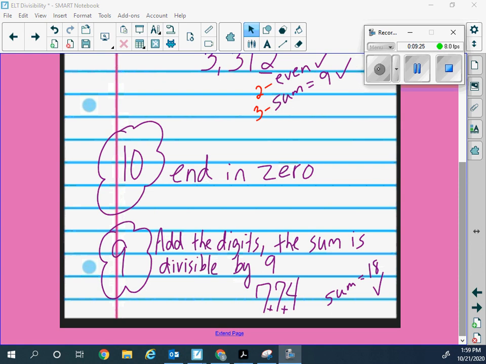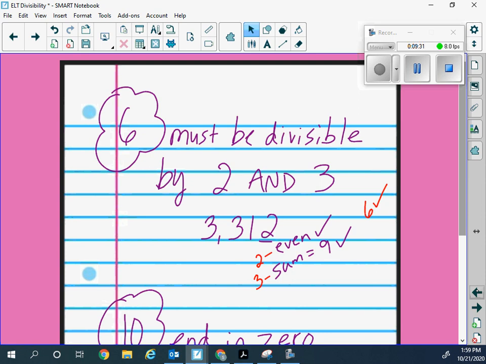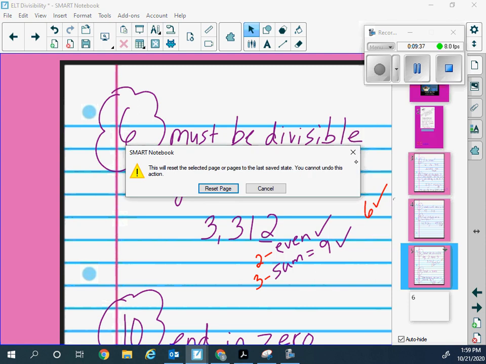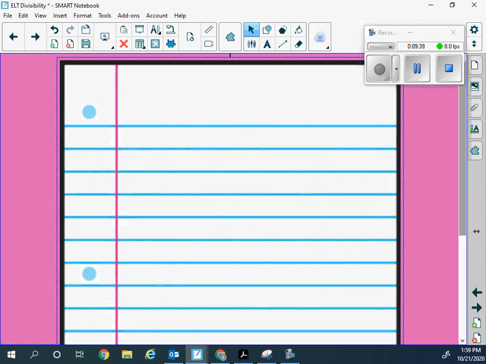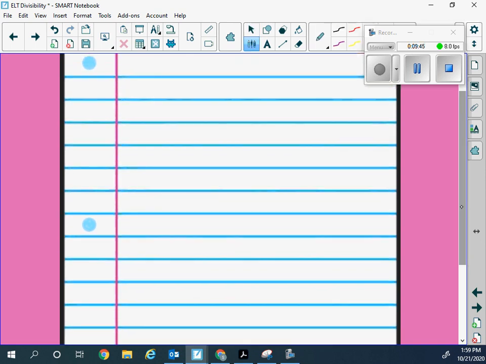Okay, so now you're going to practice. Oops, I thought that I had another page, so I'll clear this one. Okay. All right, so now what you're going to do is set up a table to practice. Go ahead and get your table set up, something like this, okay?